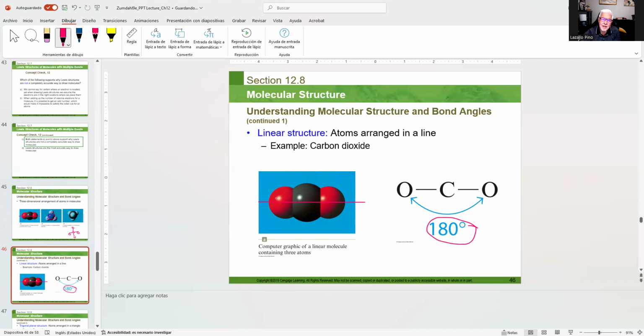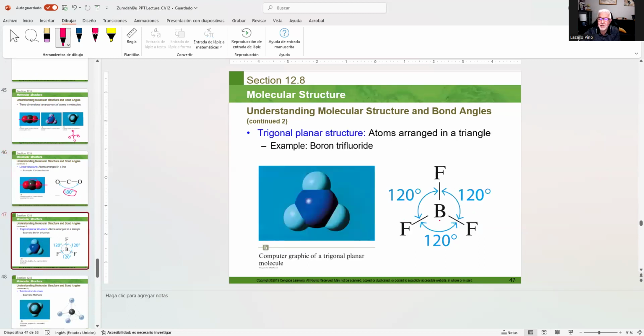This angle depends on getting the lowest repulsion between the electrons of this atom and this atom. Then the lowest repulsion between the electrons is getting the linear structure.